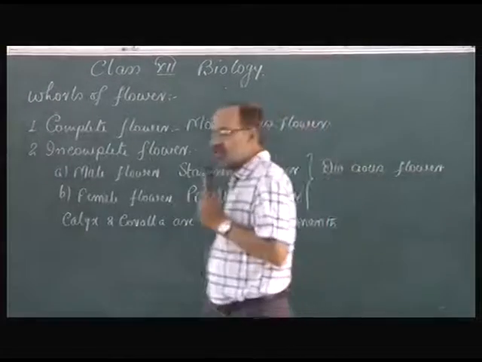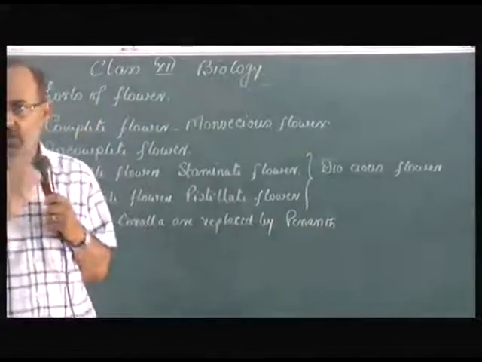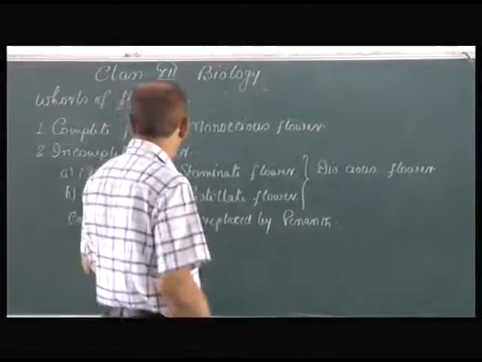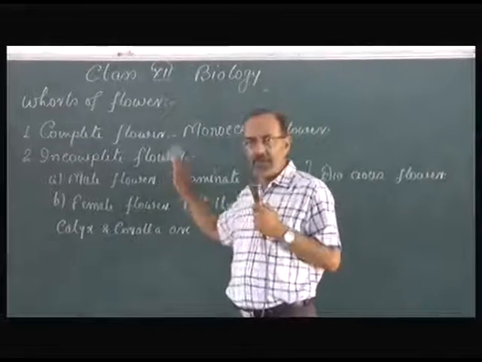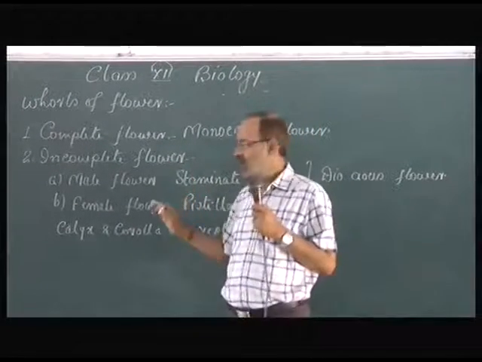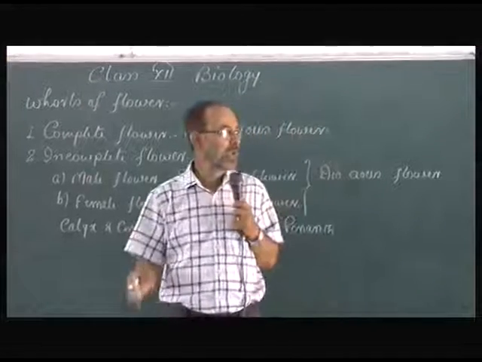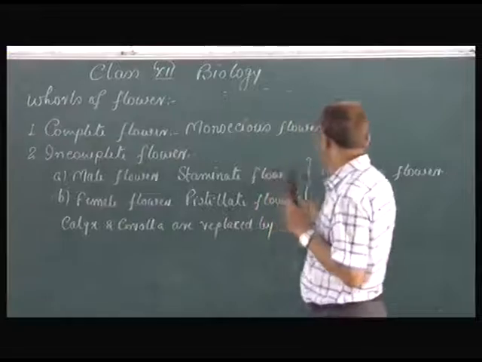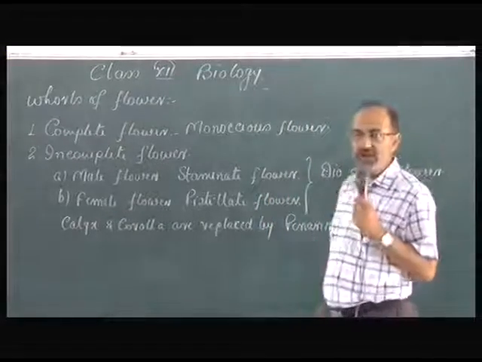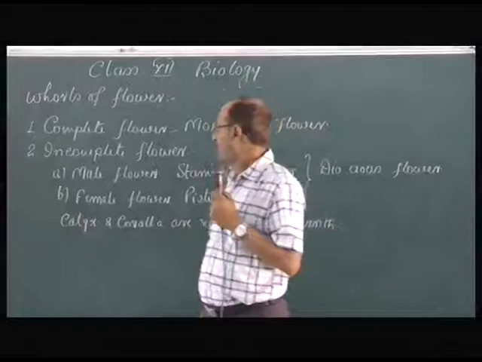Alright. Dioecious, di means two, cium means house. Clear? So in certain varieties of plant, the male and female flowers are different because the male and female reproductive parts are present in different flowers. Such condition is known as a dioecious condition, or such flowers are known as dioecious flowers.